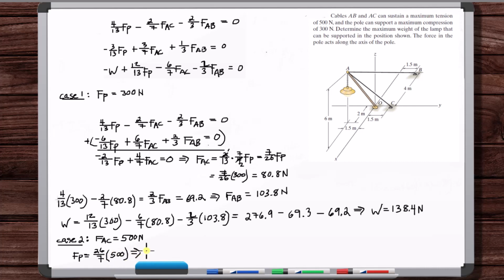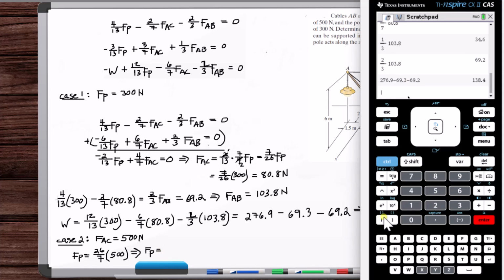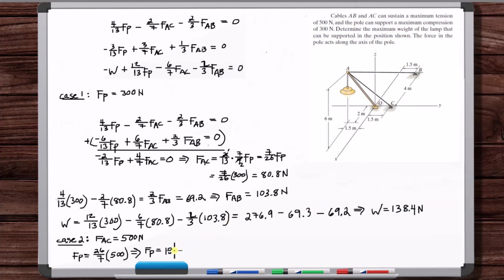Okay, so FP is equal to 1857. But look at this scenario.